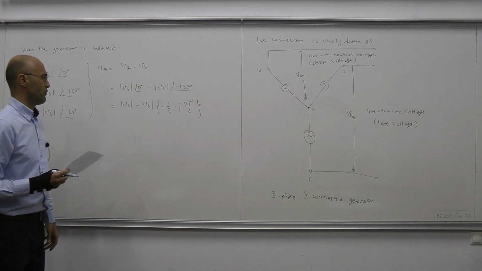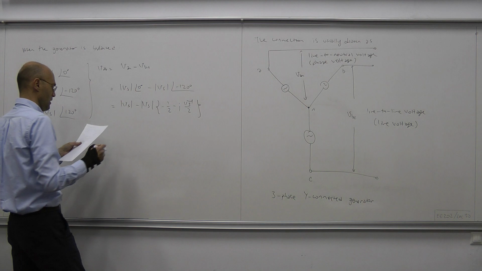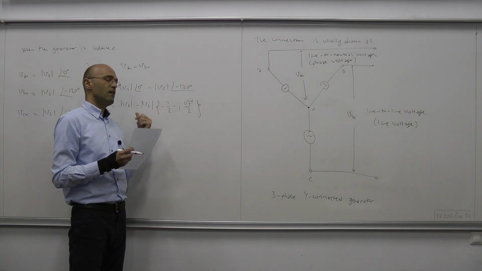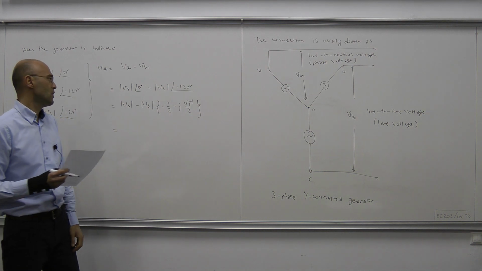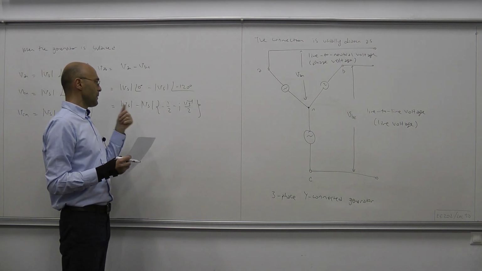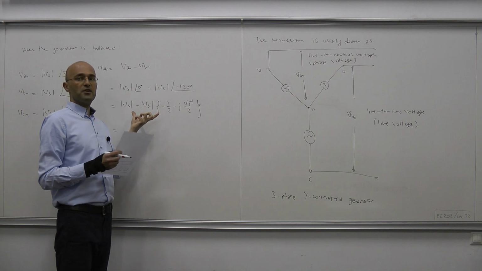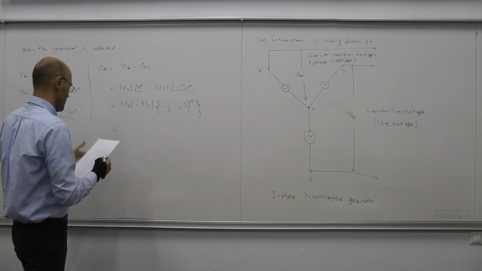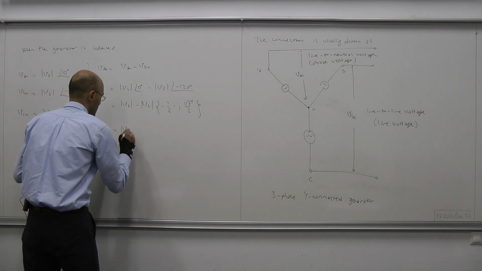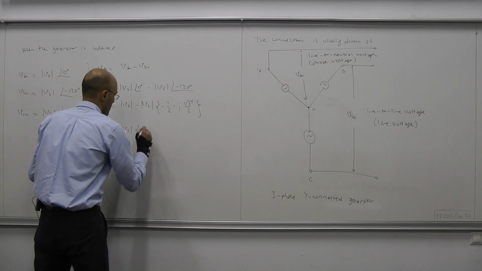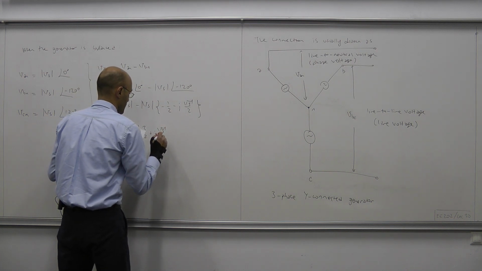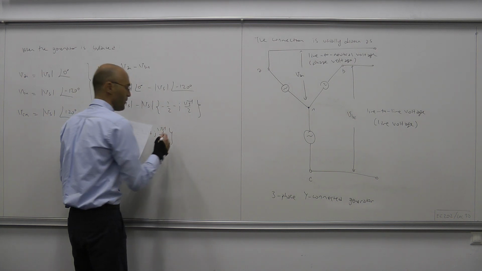Okay, and now let's perform this subtraction. So that produces 1 minus minus 1/2, so that makes 3 over 2. And here, this is purely real, and the imaginary part of this difference will simply be the imaginary part of the second piece. Hence, we have Vs times 3 over 2 plus J square root of 3 over 2. Okay?